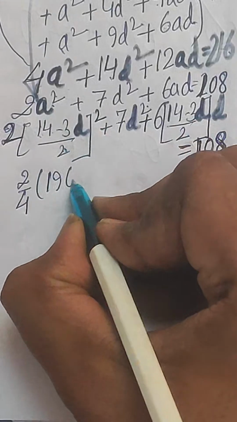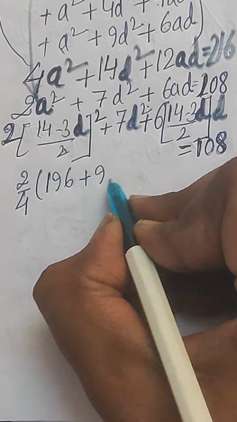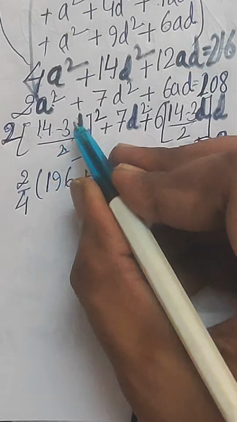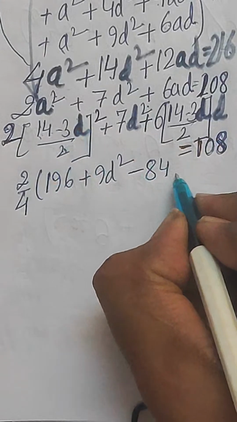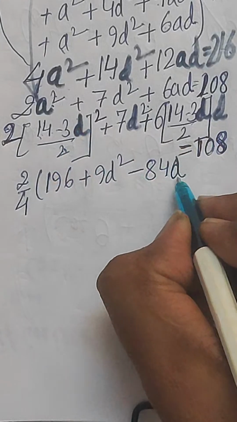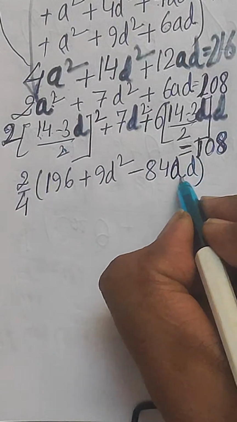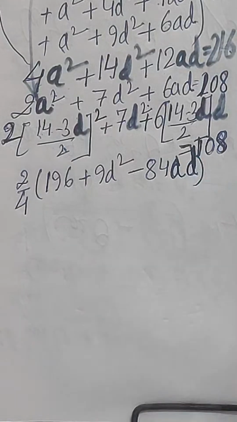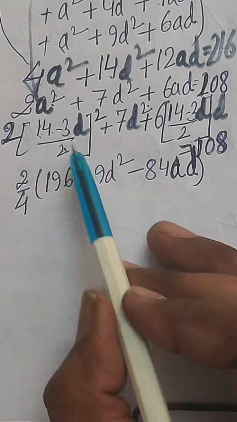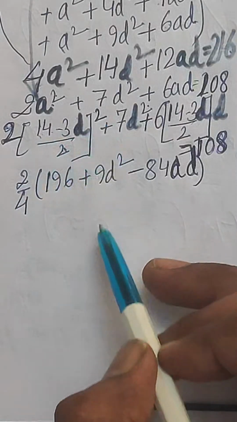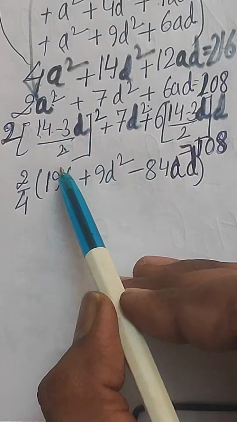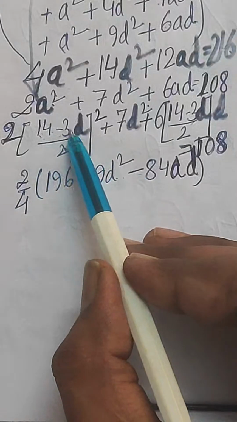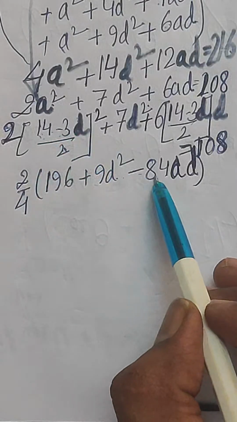This will be 196 plus 9d square, then 2ab: 14 into 3 is 42, 42 into 2 is 84, minus 84d. Simply expanded this 14 minus 3d whole square. 14 square is 196, then b square is 9d square, and then minus 2ab, 84d.